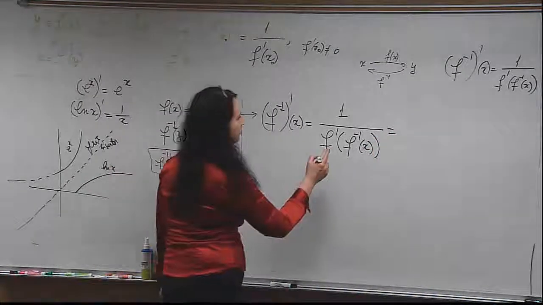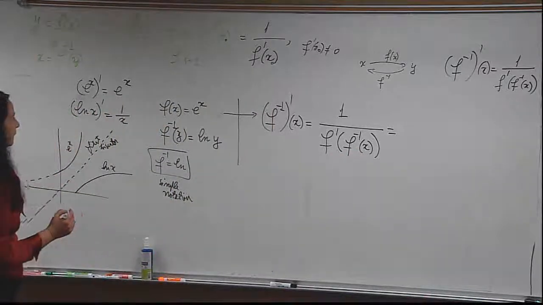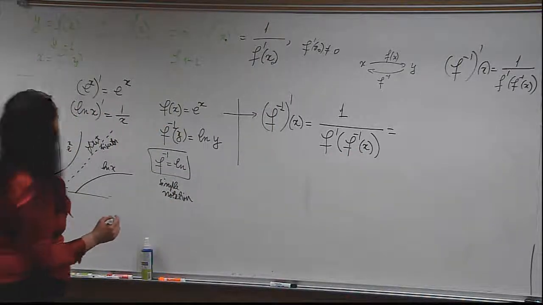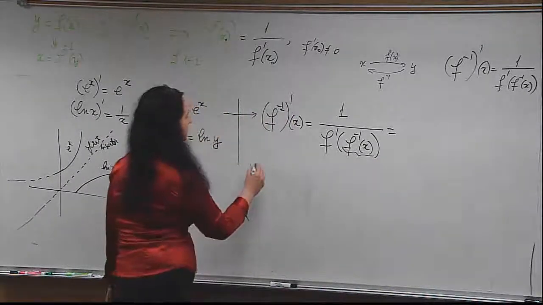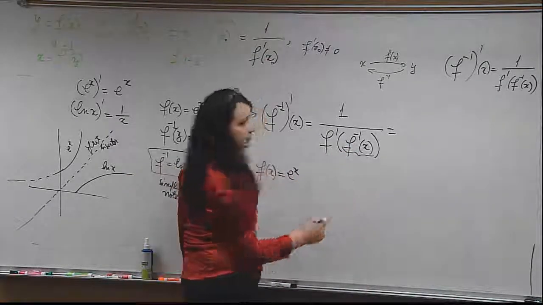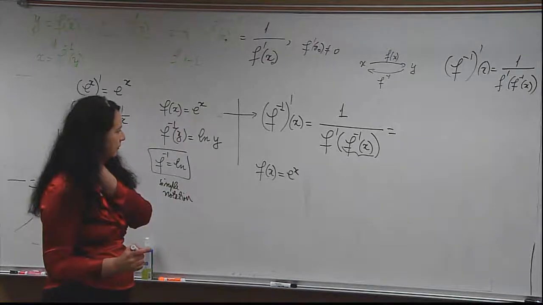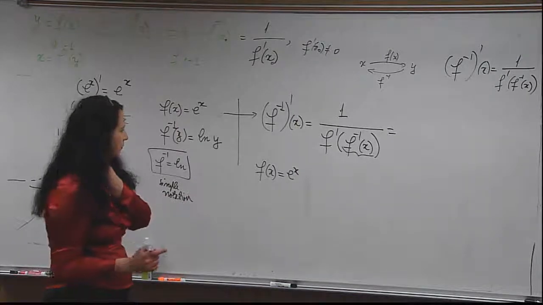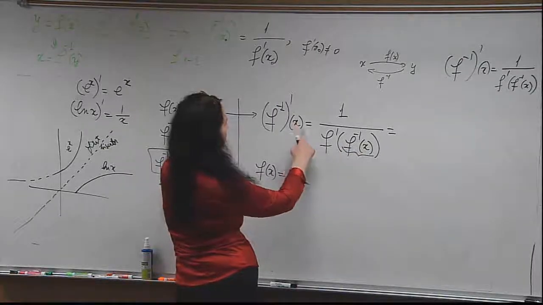Who is f inverse of x? So if f of x is equal to e to the x, who is f inverse of x? You want me to change the letter? I can put a y here.